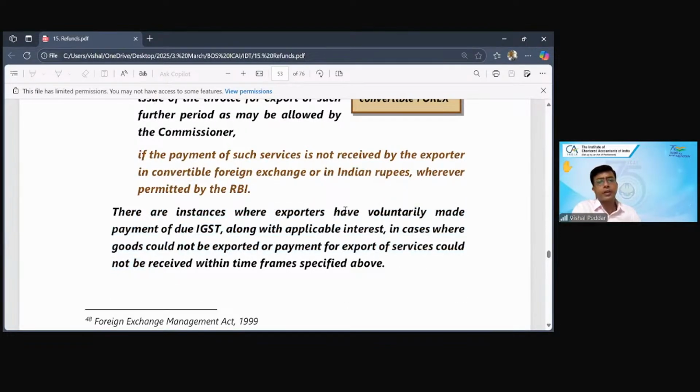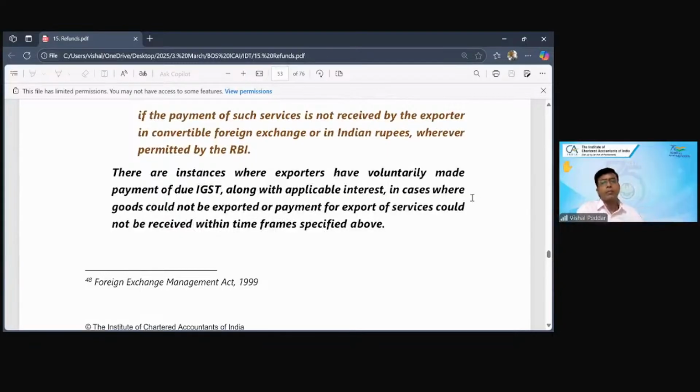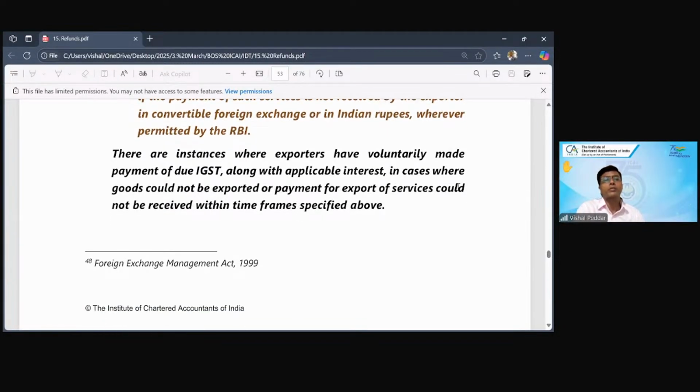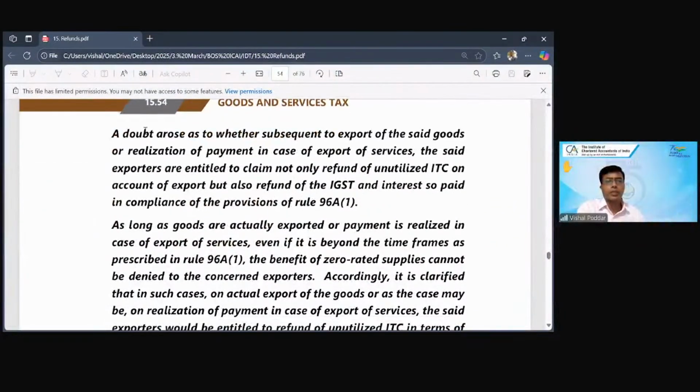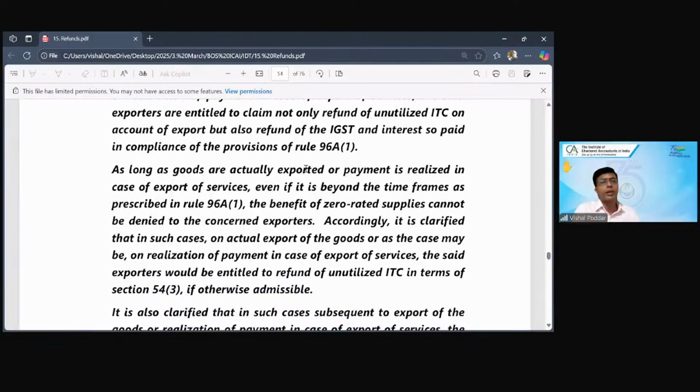Now, there are instances where exporters have voluntarily made payment of due IGST along with applicable interest in cases where goods could not be exported or payment for export of service could not be received within the time frame. A doubt arose as to whether, subsequent to export of the said goods or realization of payment in case of export of service, the said exporters are entitled to claim not only refund of unutilized ITC on account of export, but also refund of IGST and interest so paid in compliance with the provisions of 96A.